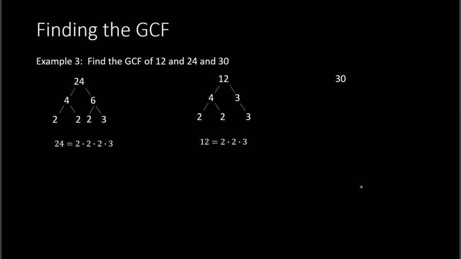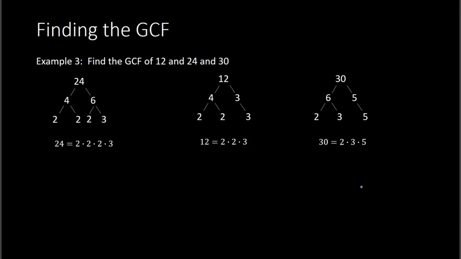And now 30, we need to break this one down as a product of prime numbers. 30 can be written as 6 times 5. And then 6 can break down as 2 times 3. So 30 can be written as 2 times 3 times 5. The process is exactly the same with 3 numbers as it is with 2 numbers.